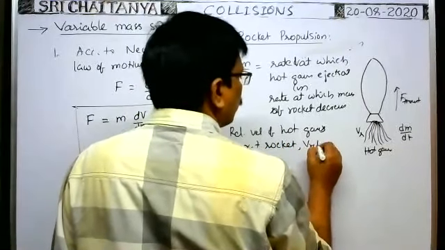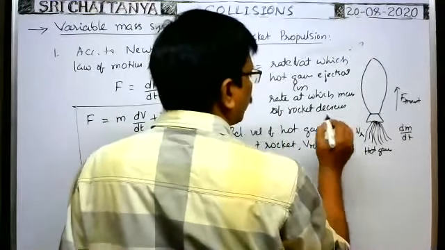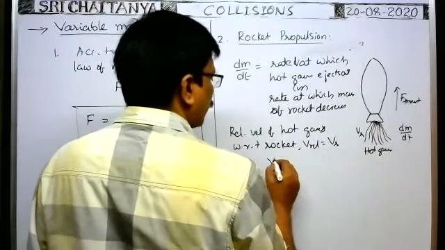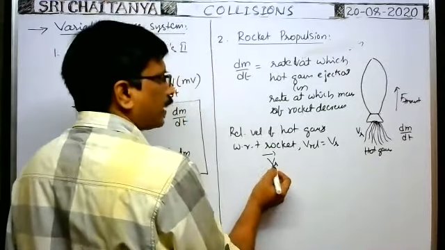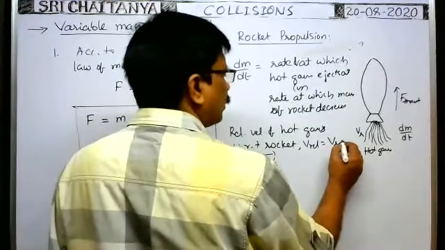V relative is equal to Vr. It is not the velocity of the rocket, it is the relative velocity. You write relative velocity like this only.